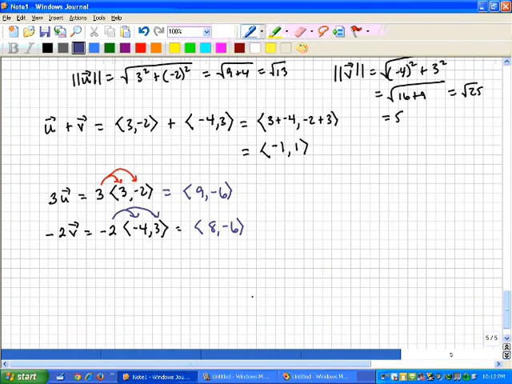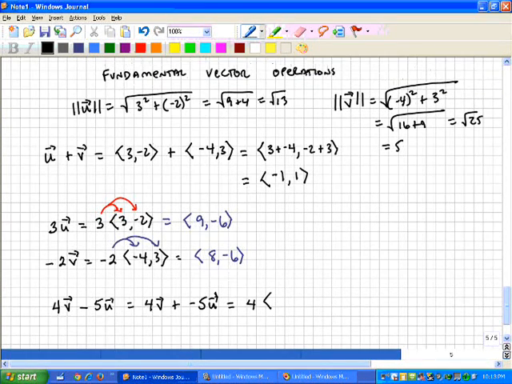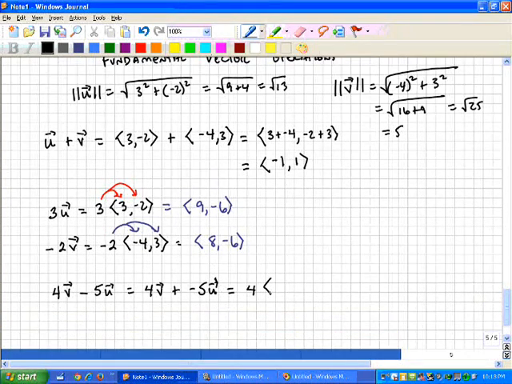You can combine these operations and find 4v minus 5u. That's the same thing as 4 times the vector v plus negative 5 times the vector u. 4 times the vector v, which is ⟨-4, 3⟩, plus negative 5 times the vector u, which is ⟨3, -2⟩.